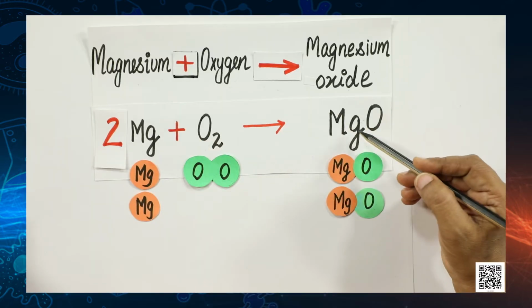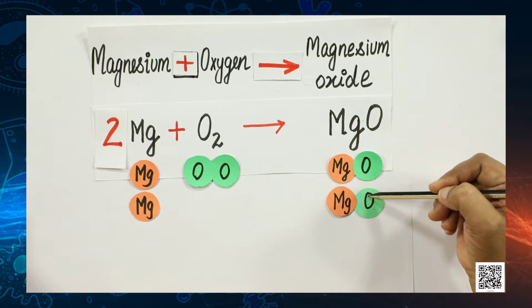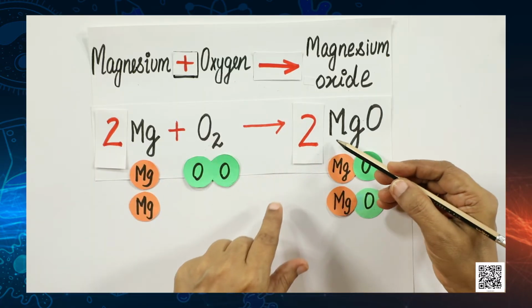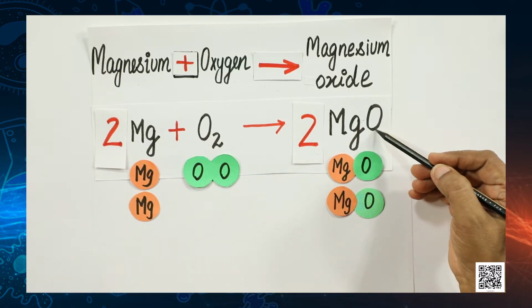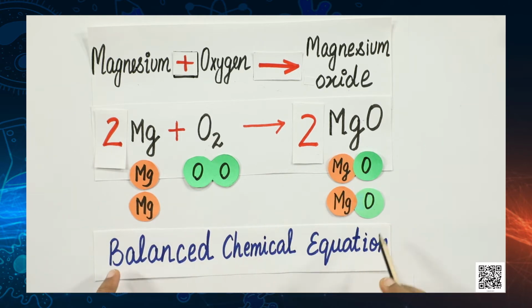It is understood that if you do not write anything, that means it is only representing 1 molecule. And here let us count the number of molecules of magnesium oxide, 1 and 2. So, here also we need to add coefficient 2 in front of MgO. So, now this becomes a completely balanced chemical equation of the reaction between magnesium and oxygen.